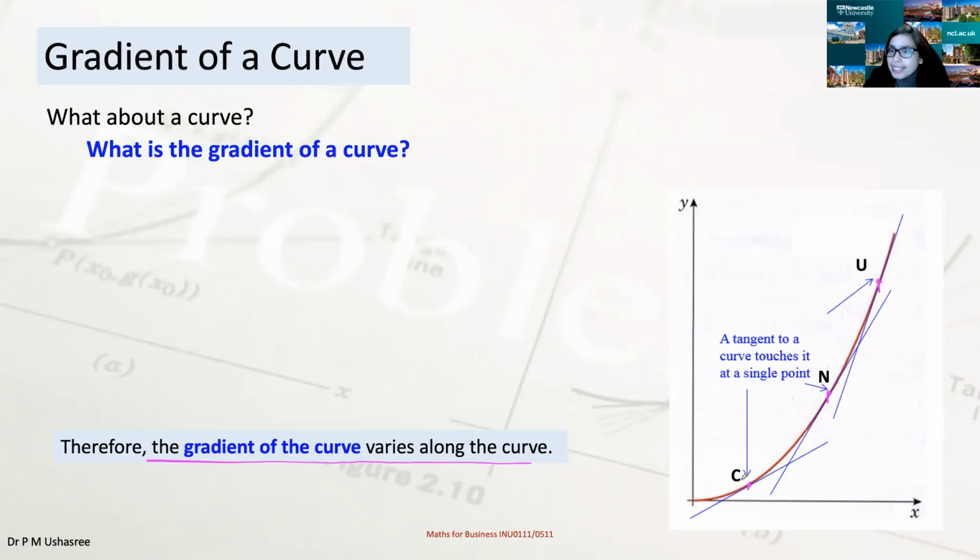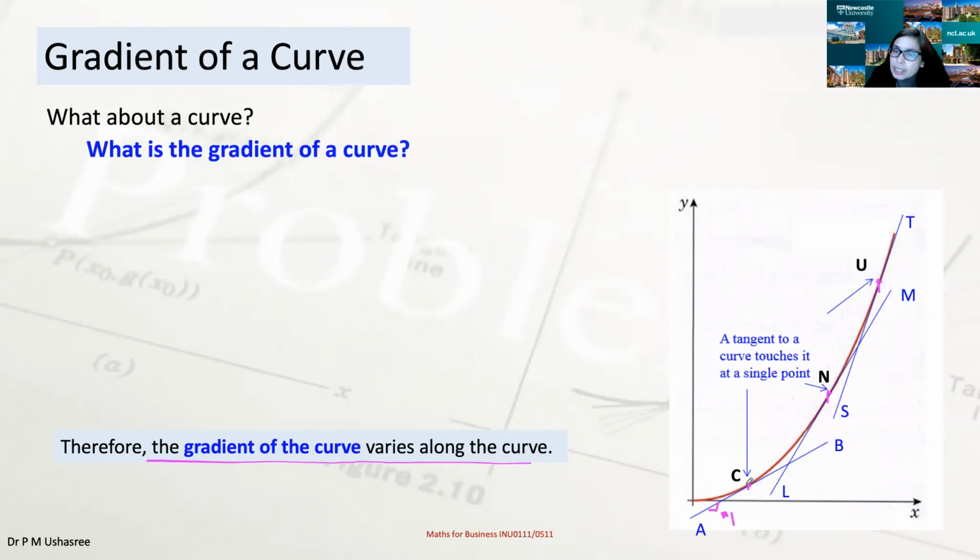You're going to draw a tangent at C, N, and U. Let's say the tangent at C is AB, the tangent at N is LM, and the tangent at U is ST. To find the gradient at the point C on the curve, you just find the gradient for the line AB, say M1.